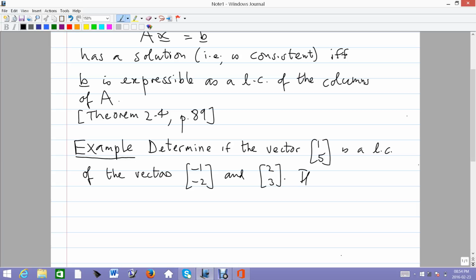And if so, we're asked to express (1, 5) as a linear combination of the two vectors.